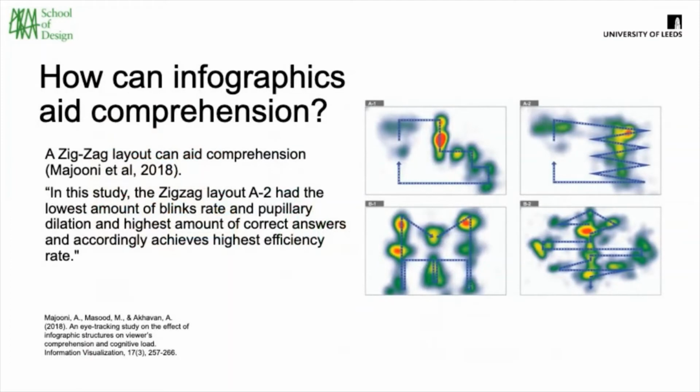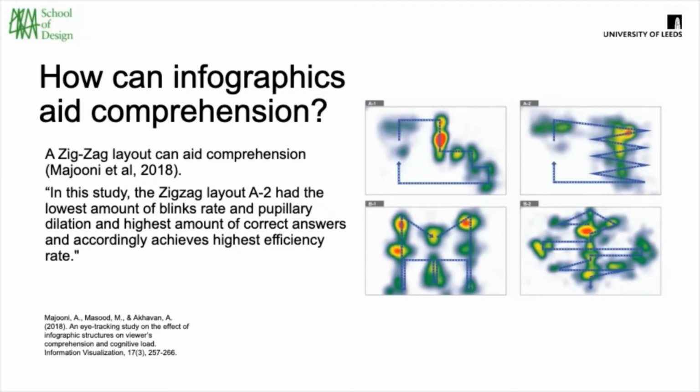We also know that layout can aid comprehension. In a more recent study, we can see that the zigzag pattern, which is the second one on the right, enabled people to have a better understanding of the information when they compared it with the other layouts.